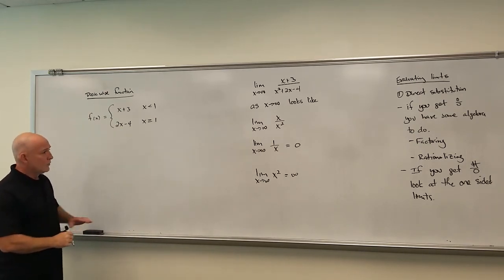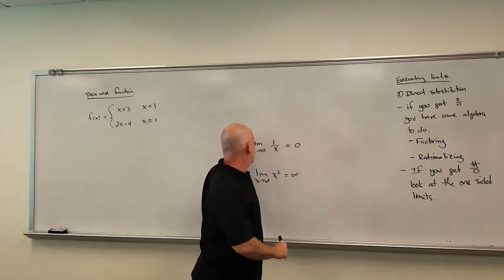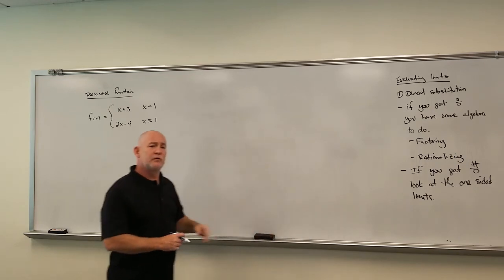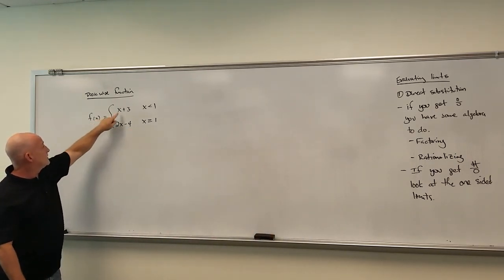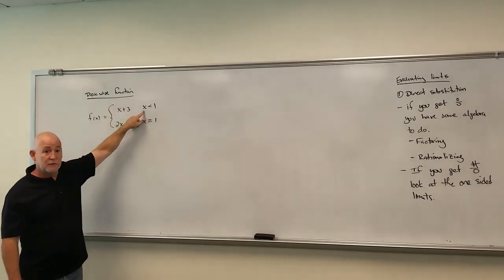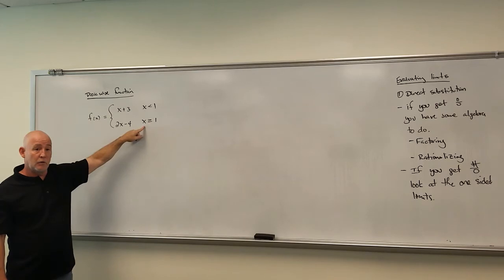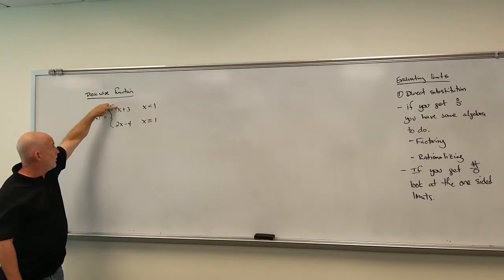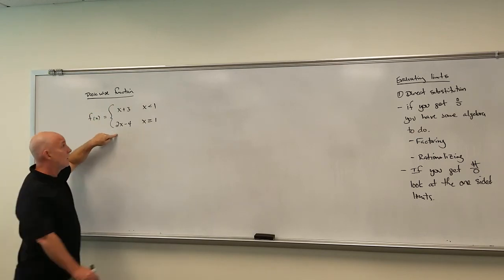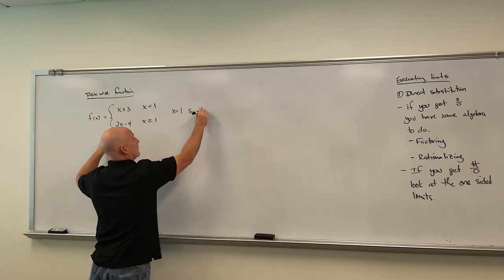Now, I'm going to give you a definition that's my definition, because I haven't really seen it in a textbook. Would you all agree that the function is x plus 3 if we're using values less than 1, and it's equal to 2x minus 4 if we're using values greater than 1? So at the x value of 1, we switch from one function to the other.